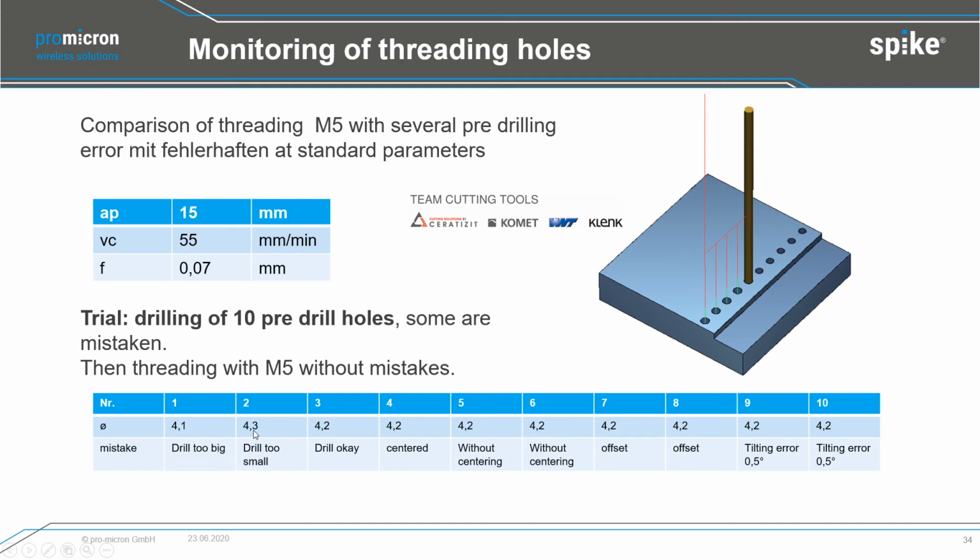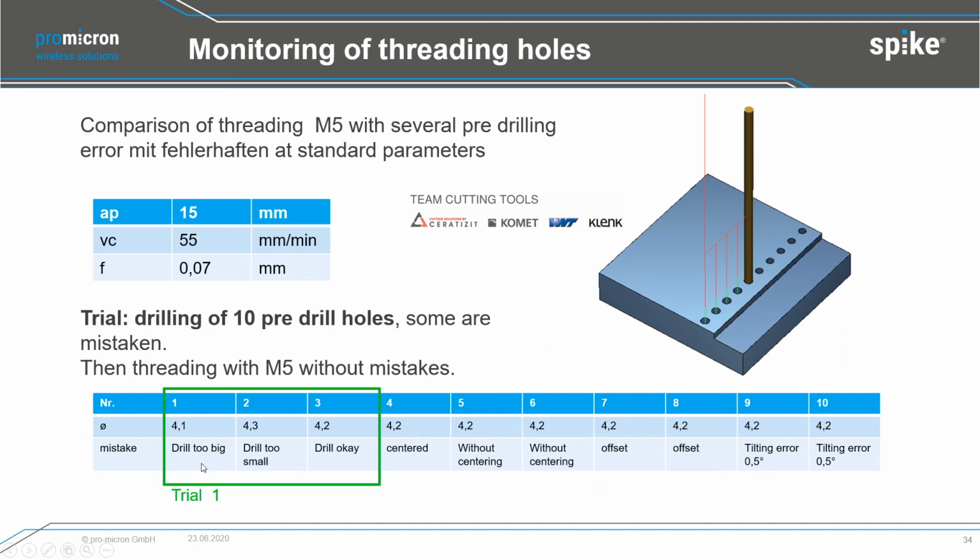Then we used 4.3. The drill was too small. And later on, with the 4.3 millimeter tool, the drill was in a perfect condition. So we just used 3 different tools to produce different sizes of holes. After that, we continued with a 4.2 millimeter drill, so with the right drill, but without centering, with the offset problem and with the tilting problem.